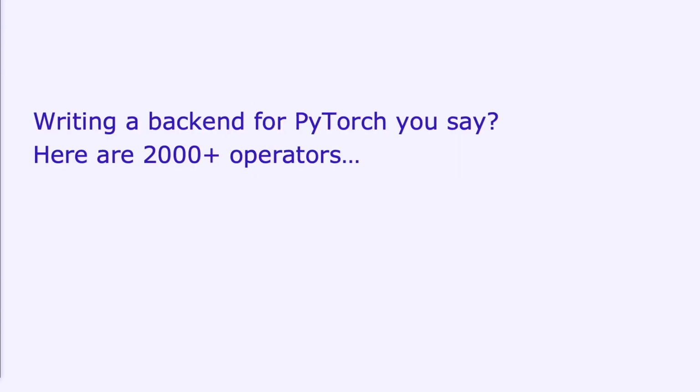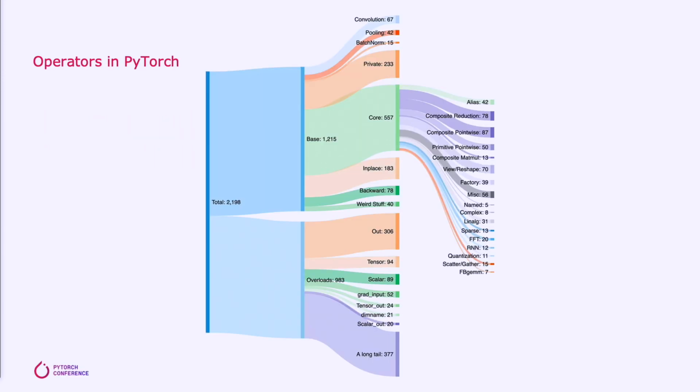And then coming to the backend, PyTorch has 2,000 plus operators today, and it looks something like this. They're legit, but half of them are overloads; honestly, it's 1,200 plus operators, and with a bunch of overloads they become 2,000 or so.